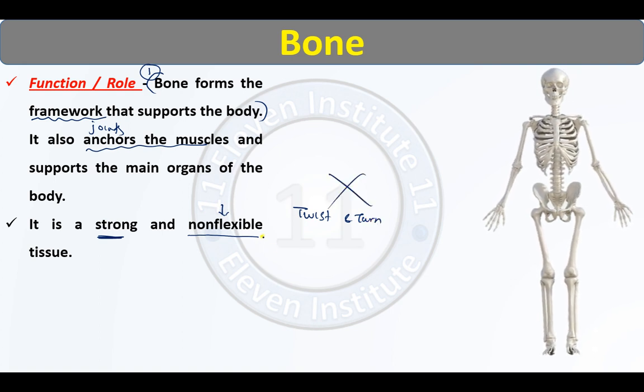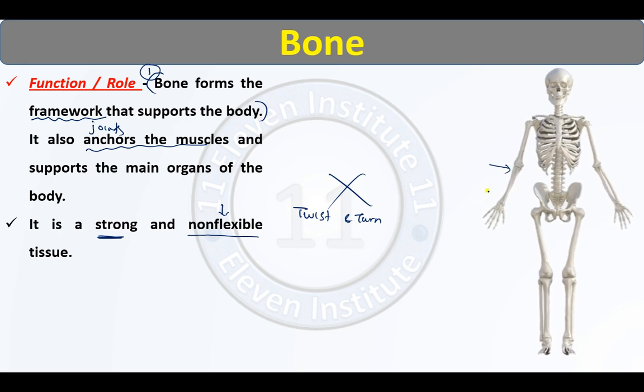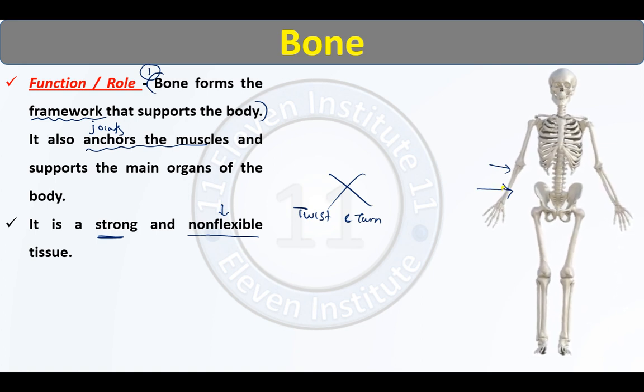You can never bend or twist a bone, it will break, there will directly be a fracture. You can never fold your hand. Sir, the hand does fold from here, that is a joint. But if you try to fold your hand from here, it will not get folded because this is non-flexible. You will definitely get a fracture if you try to fold your hand from here, because bones are non-flexible tissues.